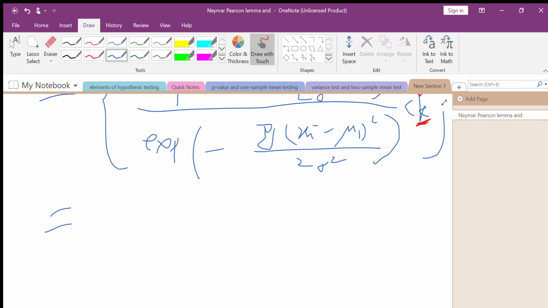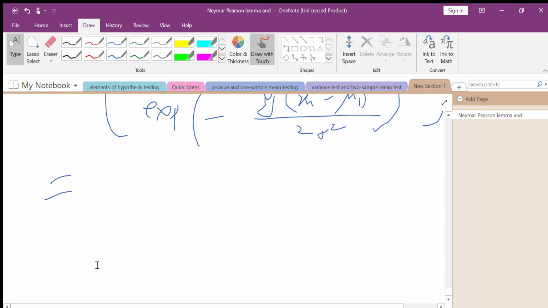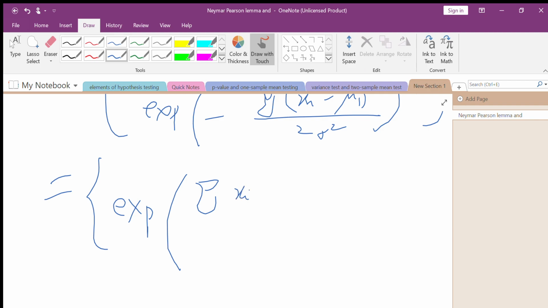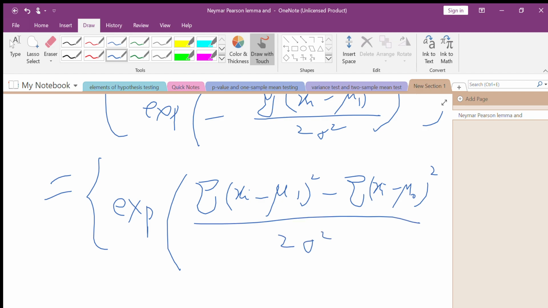And then for the division of exponentials, we can simplify it as follows. So this set equals exponential of summation xi minus mu1 squared minus summation xi minus mu0 squared, divided by 2 sigma squared, whole thing exponential, less than k.